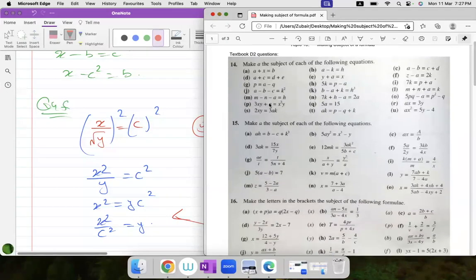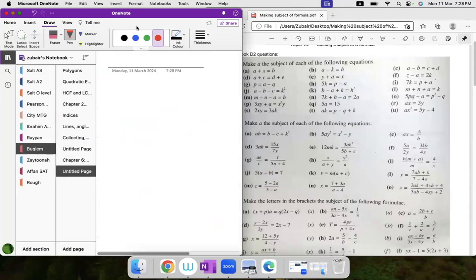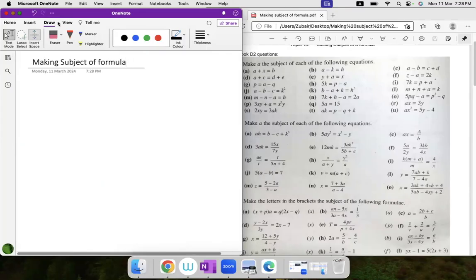Are they readable? Yeah, they're readable. Making the subject of the formula.